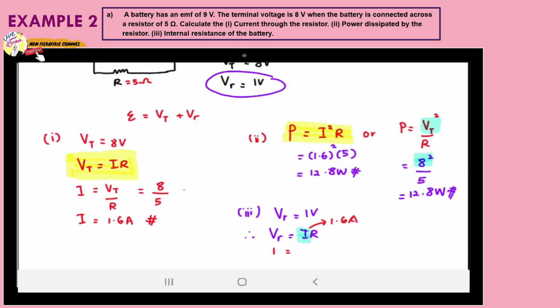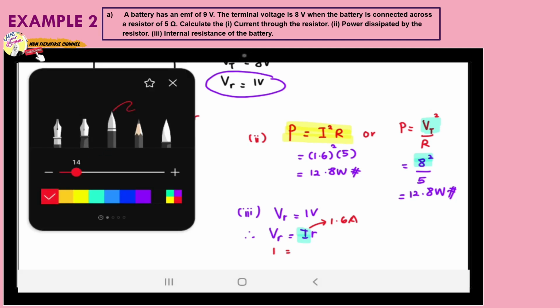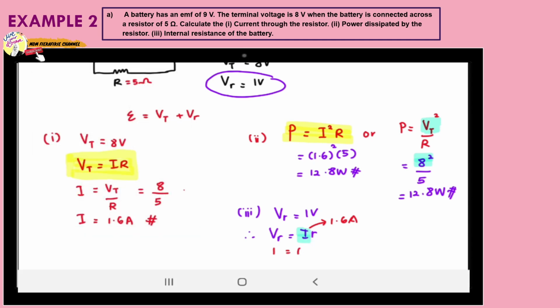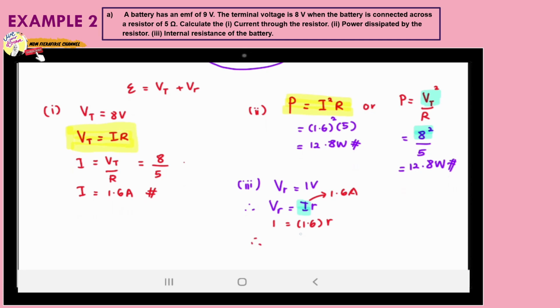This one should be small r, sorry, because it is the internal resistance. So now we want to find small r, and it's equal to, I is 1.6 times r. Therefore r is equal to 1 over 1.6, which is equal to, try calculating it, 1 over 1.6, so it's equal to 0.625.